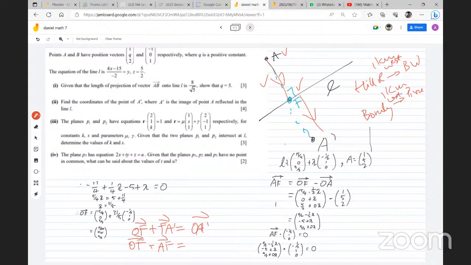So this 1 kilometer west is the same, even though it's from Hillview to Beauty World or from Boon Lay to Pioneer. It is still 1 kilometer to the west. Therefore, they are the same vector, even though they are in a different position. Isn't that what a vector is? A vector is a direction with a magnitude, 1 kilometer to the west.